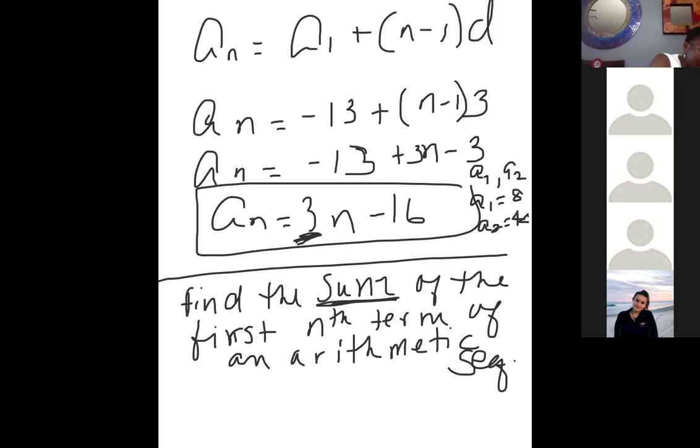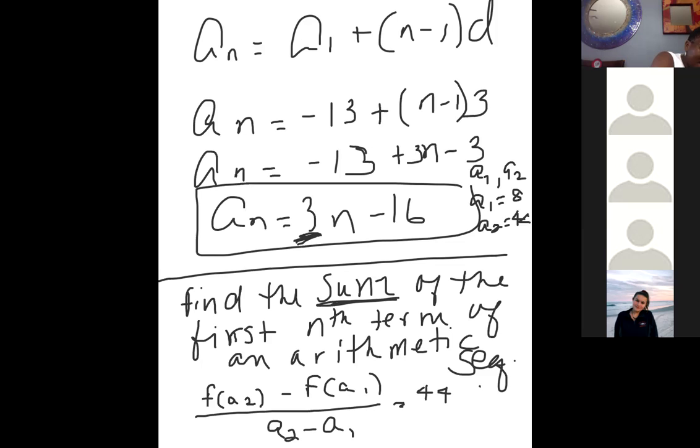Could you just have done this? f of a sub 2 minus f of a sub 1, divided by a sub 2 minus a sub 1, which would give you 44 minus 8 over, what was the term number? 20 minus 8. So 44 minus 8.